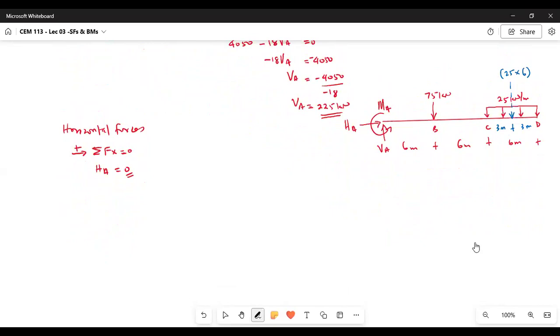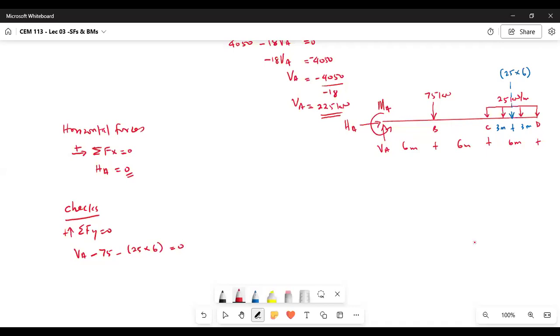Okay, so now we apply the checks. Sum of forces in the y direction is 0, upward is positive. Okay, so now we have VA, we have 75, we have 25 times 6.